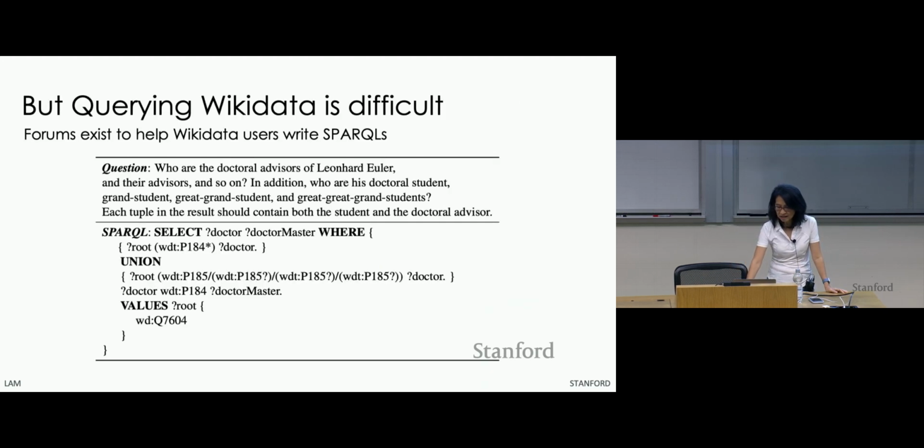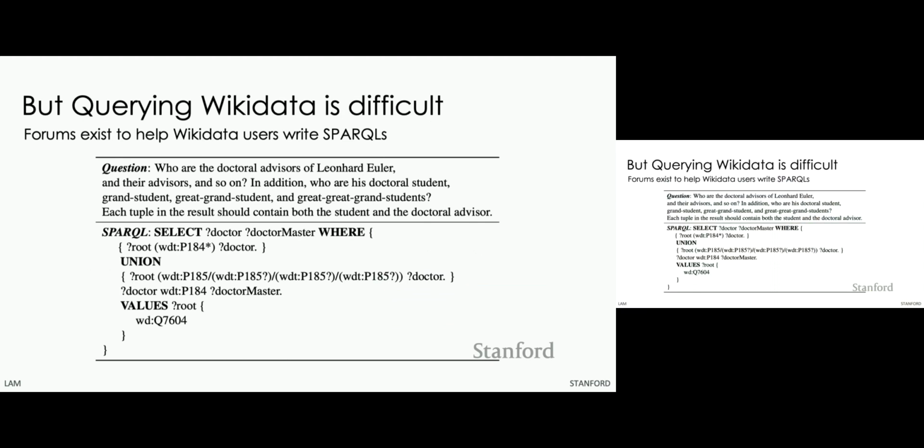And it is so hard that if you go on the Wikidata website, they actually have forums where the experts get together to describe how you can create a query that does X, Y, Z. Okay? I was just giving you the tiniest example. Let's talk about something a little bit more interesting. Suppose you say, who are the doctoral advisors of Leonhard Euler and their advisors and so on?